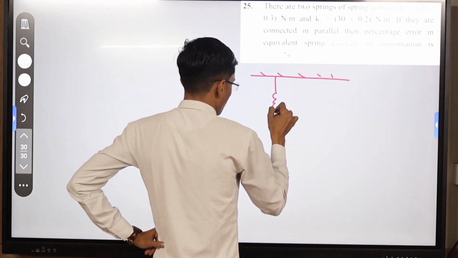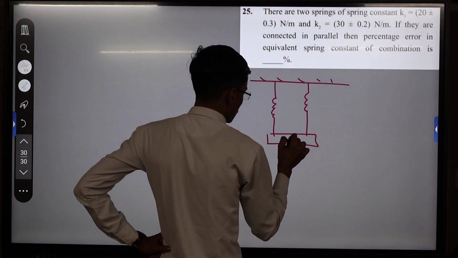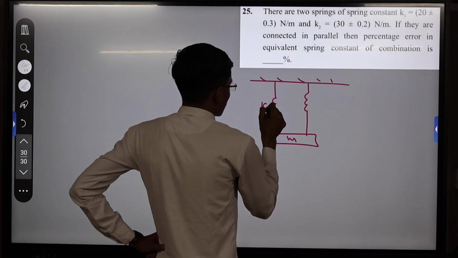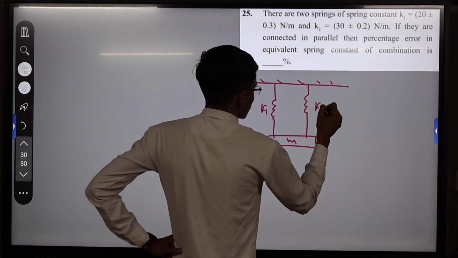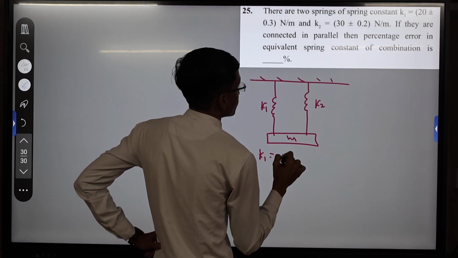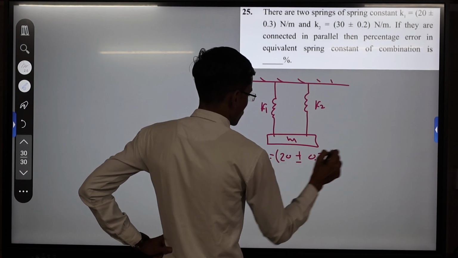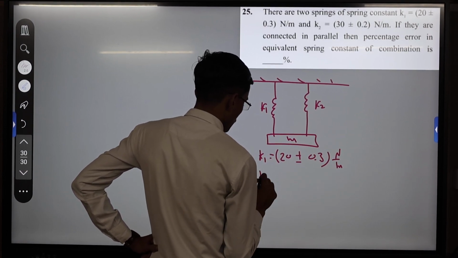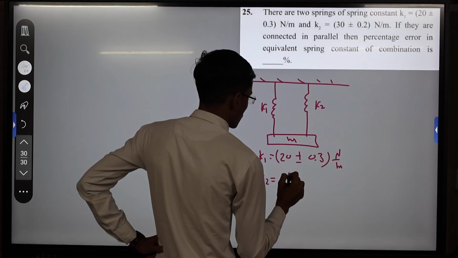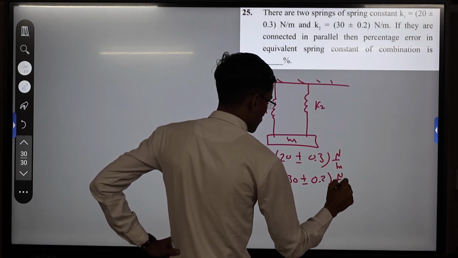If we draw the diagram of this configuration, it will look like this: spring constant K1 and spring constant K2. K1 is given as 20 plus or minus 0.3 Newton per meter, and K2 is given as 30 plus or minus 0.2 Newton per meter.